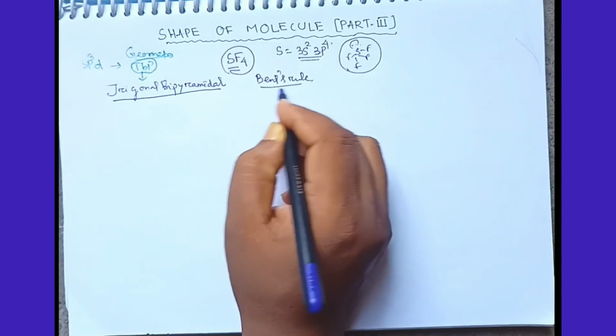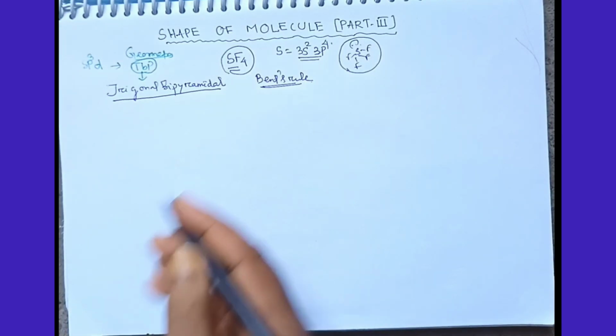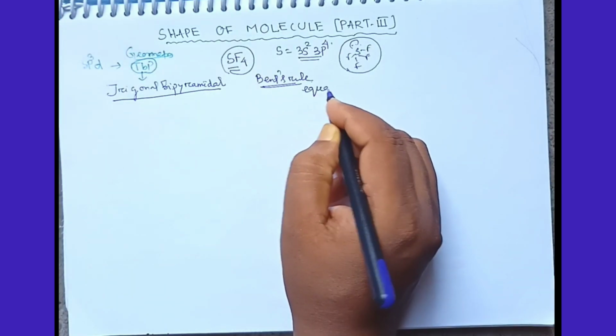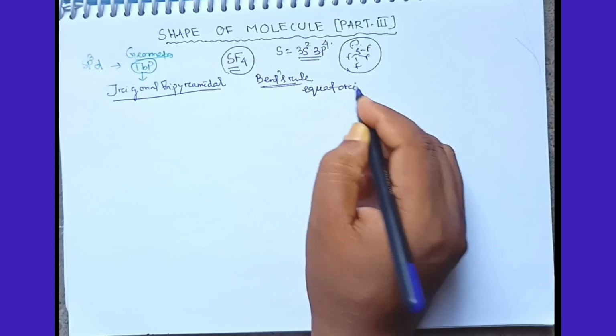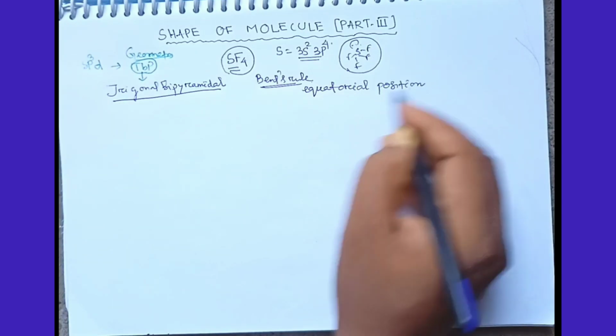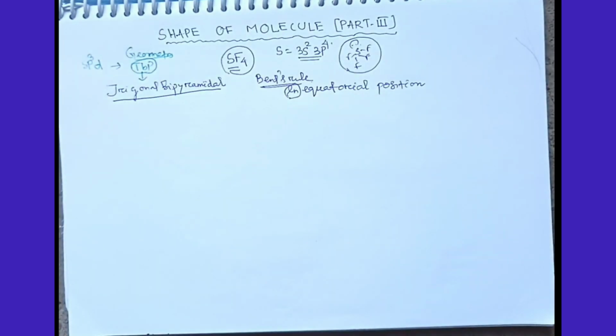What does it say? It says lone pairs always prefer to stay in the equatorial position.